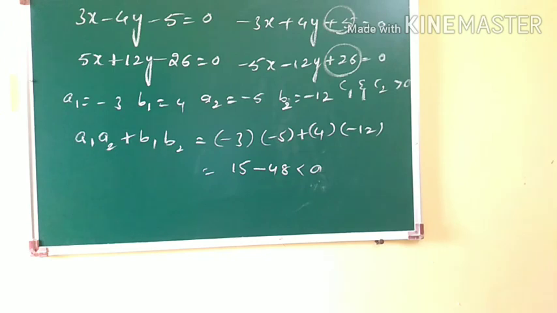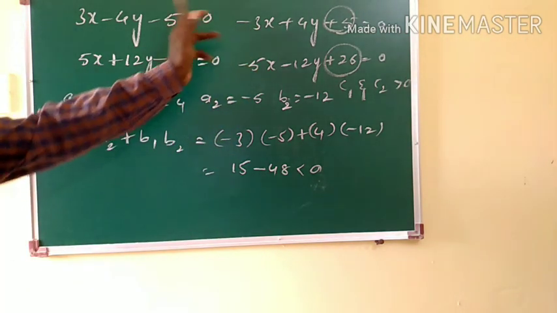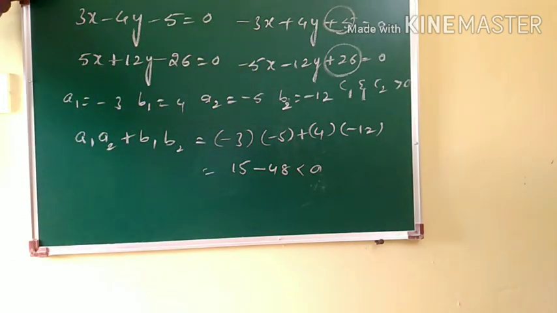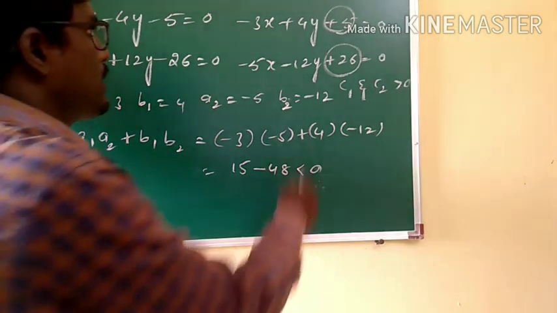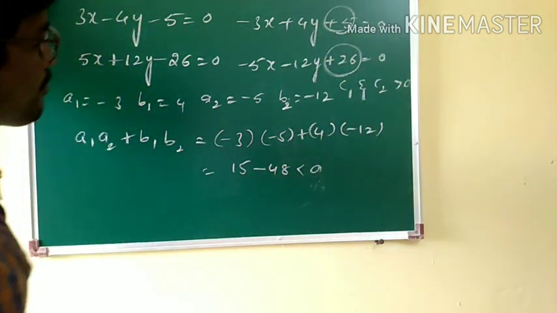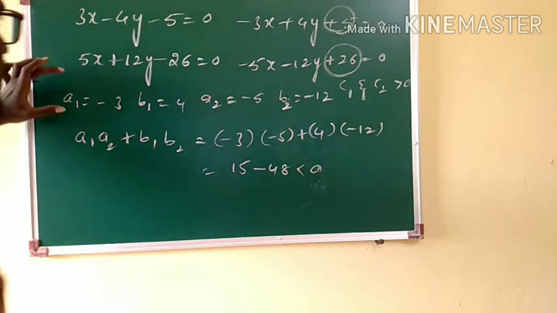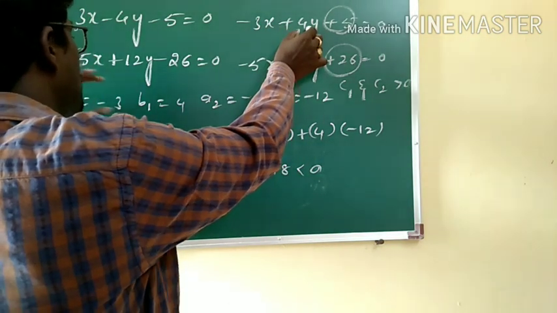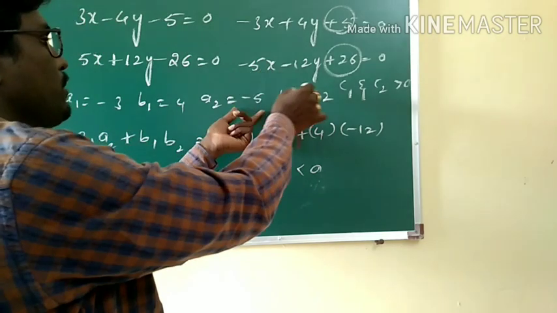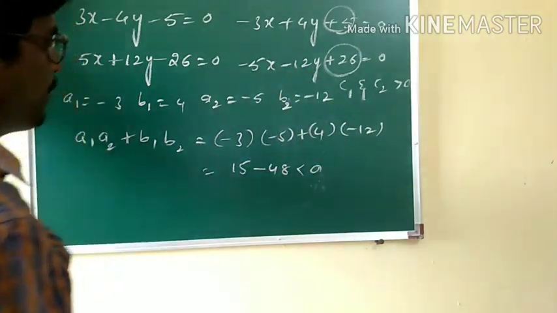Okay, I repeat, we have made the two lines have C1 and C2 positive, so that we got minus 3x plus 4y plus 5 equal to 0, minus 5x minus 12y plus 26 equal to 0. And then A1 is equal to minus 3 and B1 is equal to 4, A2 is equal to minus 5 and B2 is equal to minus 12.